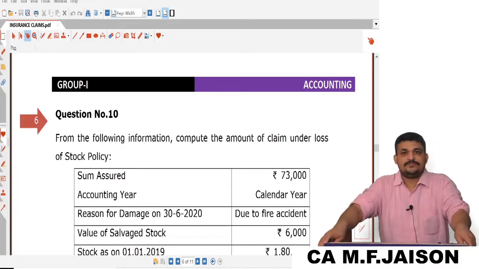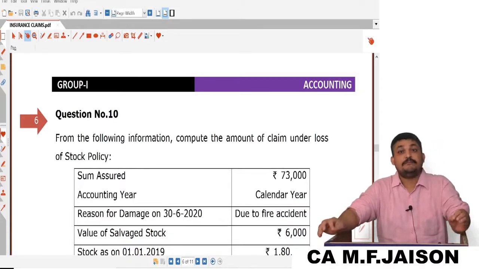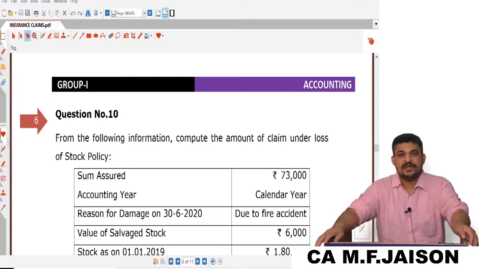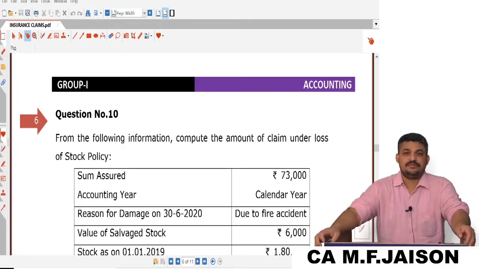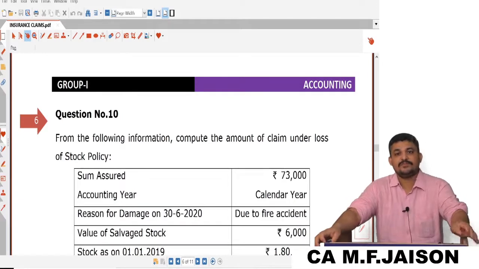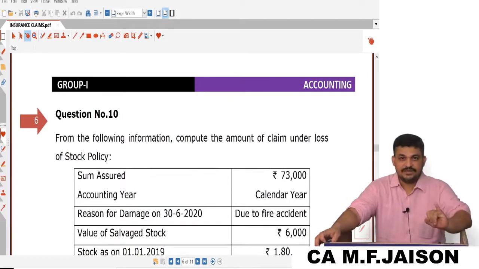Recap exercise. The learning objective in this topic is computation of claim for loss of stock and loss of profit in a fire insurance policy from the viewpoint of the insured. The first computation was computation of claim for loss of stock, a 4-step approach: GPR, stock on date of fire, loss of stock, and finally claim.